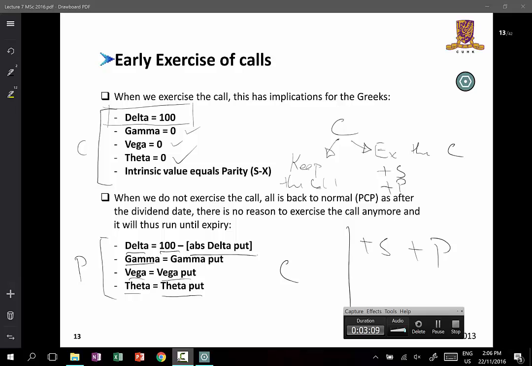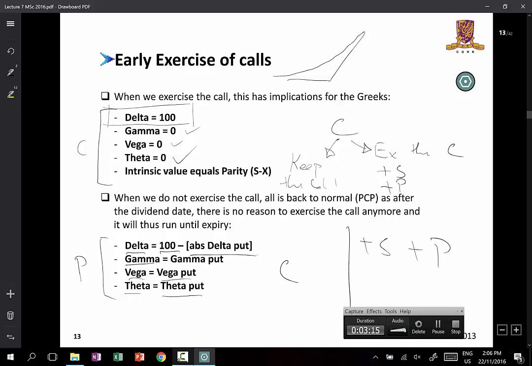In fact, there is another way you can look at this, because the Greeks of an option which are very, very deep in the money, or very, very deep out of the money, are actually quite similar, except for the delta. Of course, delta goes from 0 to 1. The gamma and the vega and the theta are very similar.